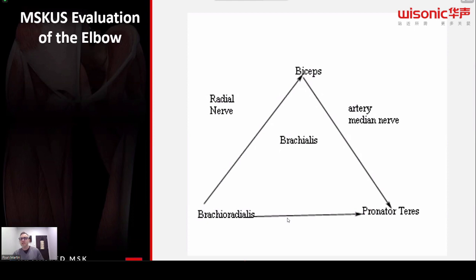So those are the 3 structures that comprise the triangle there, and right in the middle of that is the brachialis muscle. Just adjacent and outside the triangle, we can see on the lateral side the radial nerve, and on the medial side, we can see the brachial artery and the median nerve. So this depiction is a good way to get yourself referenced on how to look at the anterior elbow to start yourself out.